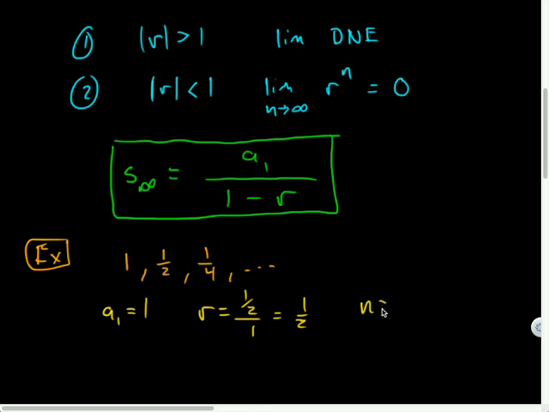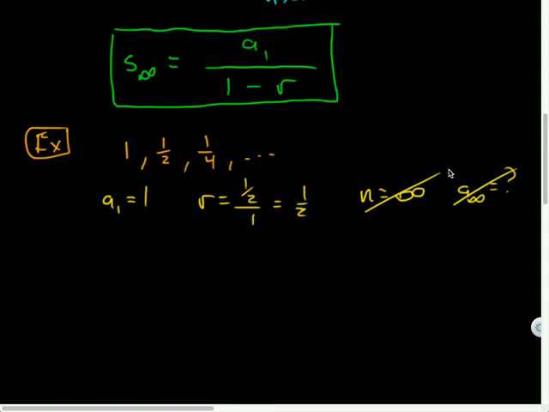What's n equal to? Infinity, right? That's what we're going to be doing. And I don't need any other values. And what is a sub n equal to? I don't know. 0. Yeah, the limit is approaching 0. We agree with that much. But we don't need it. 1 over infinity.